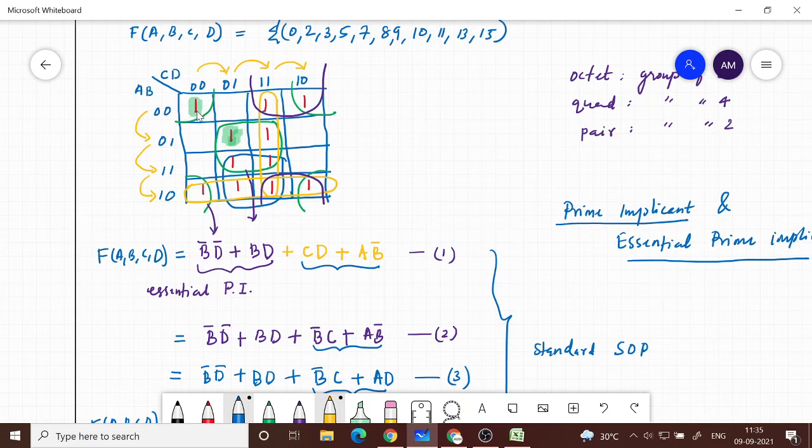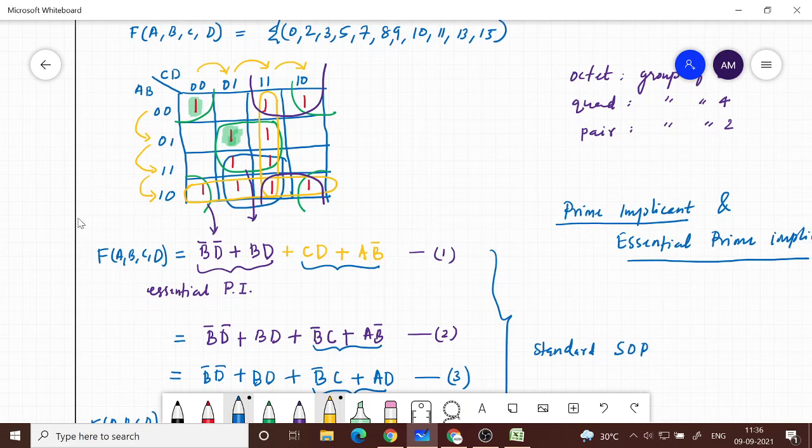Can you find any other group of 4 which can include that highlighted corner 1? No, sir. Therefore we call it an essential prime implicant. If we cannot find any other similar size group which can include that one, that particular group is the only possibility, and we call it an essential prime implicant.